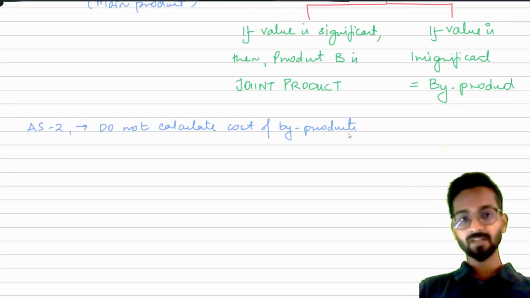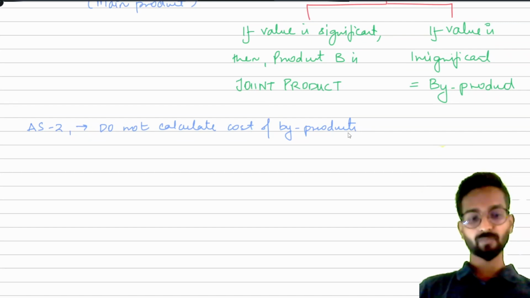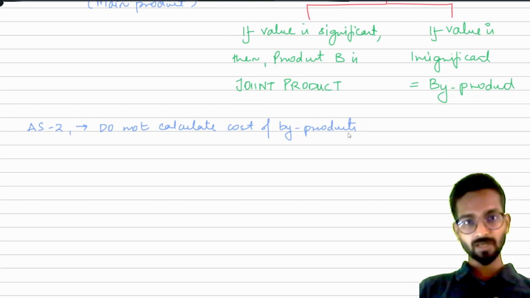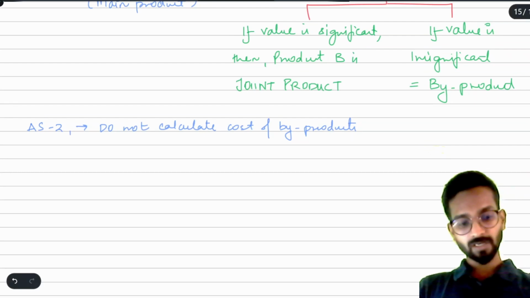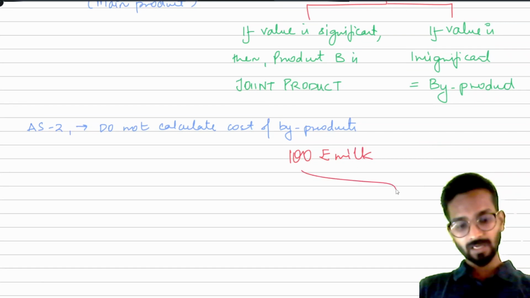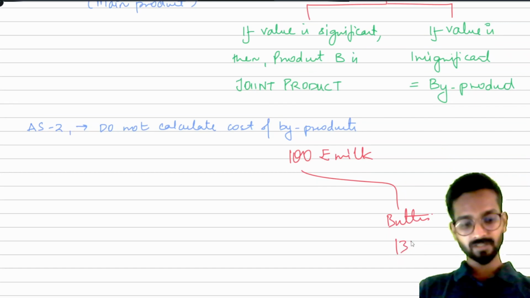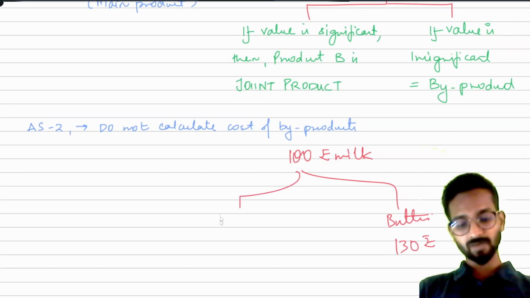Then sir, how will we identify the real cost of our main product? Because see, suppose I am spending 100 rupees on raw material and then I am producing butter, still I will get the byproduct, the buttermilk, also. So 100 rupees of milk I spent, I got butter, and say that butter I am able to sell at 130 rupees, and I have buttermilk also.